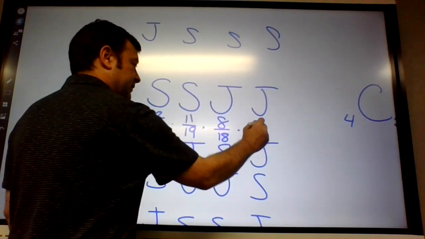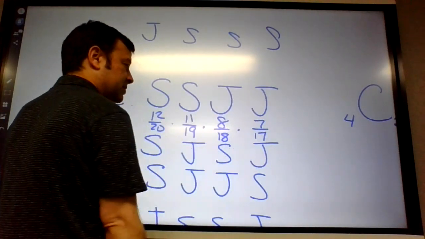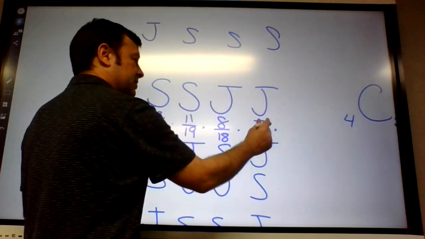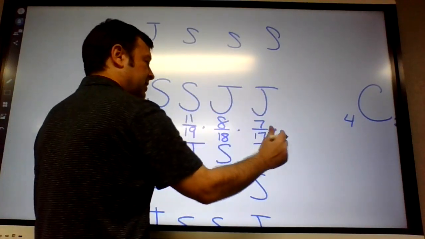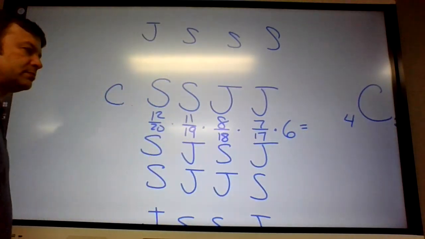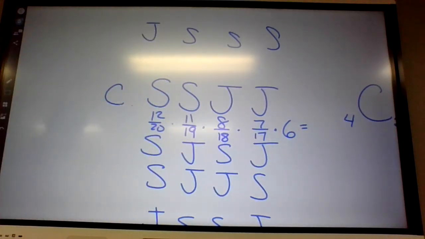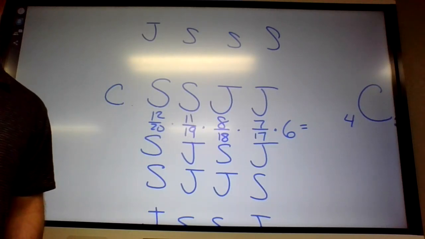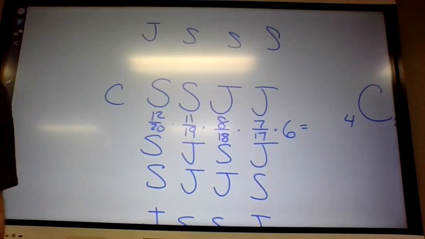And now there's only 7 juniors out of 17 students. Because there's 6 ways this thing could happen, I'm going to say times 6. That's 2 out of 3. And the answer is 616 out of 1615.